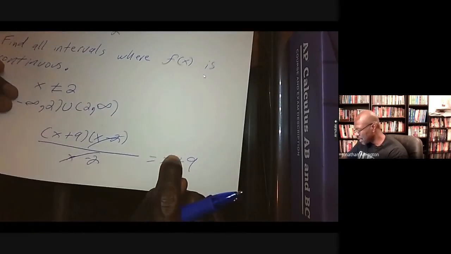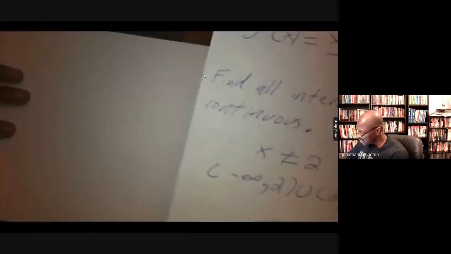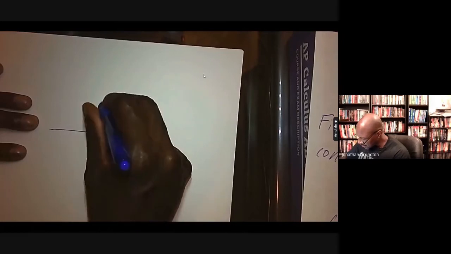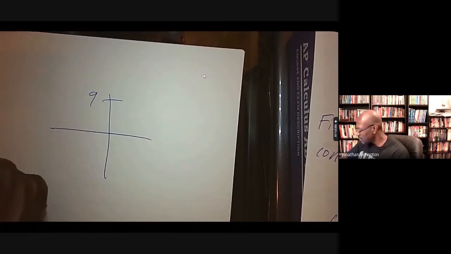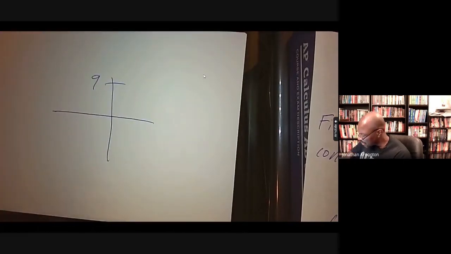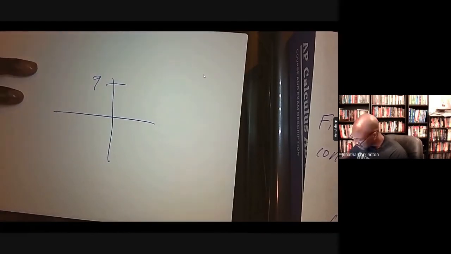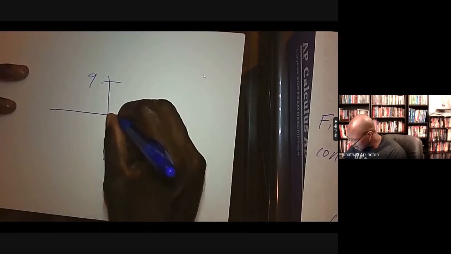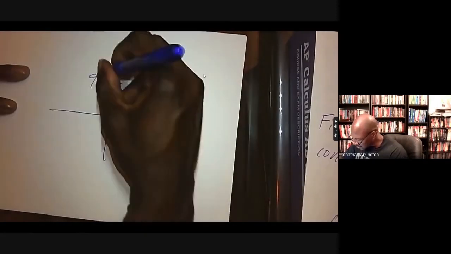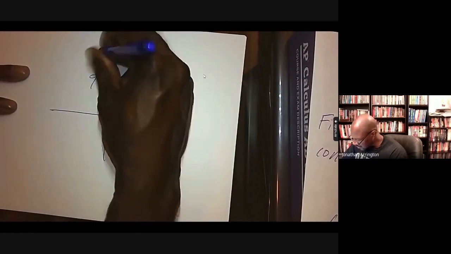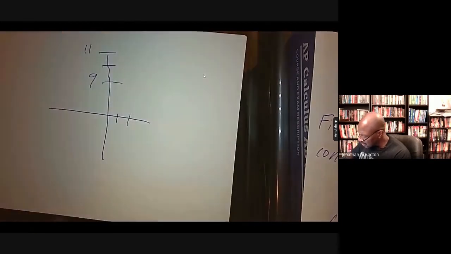So as you know, what that means is the graph of this guy, so let's just say that's 9, has a y-intercept of 9, a slope of 1. The graph of this guy, where is it undefined at? It's undefined at 2. So let's say that's 2, 10, 11. And so let's say that's 11.